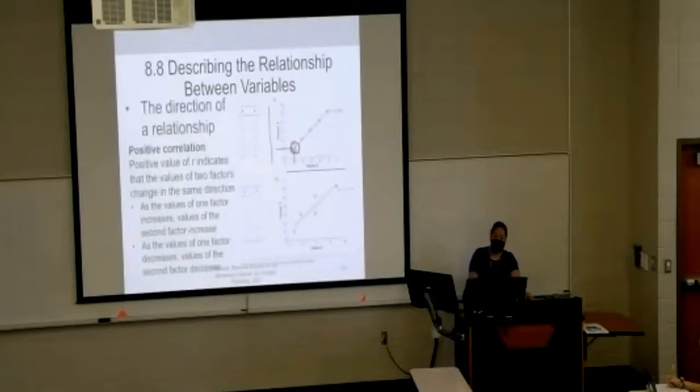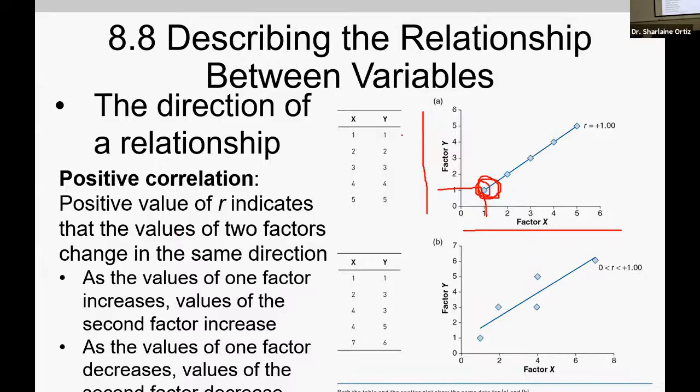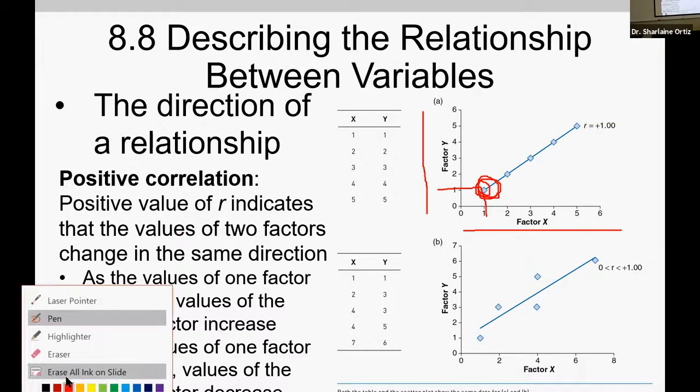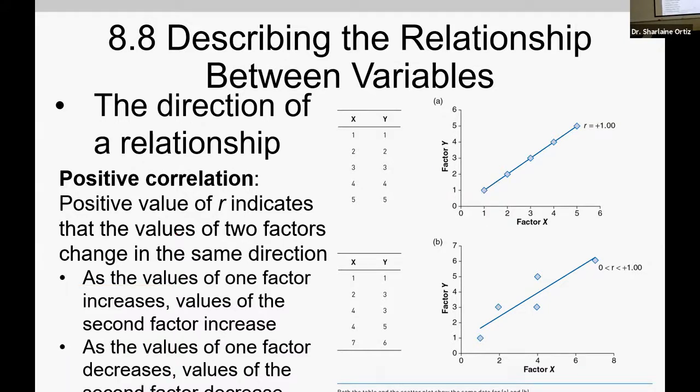So if we go to our next slide, if I clear all the data, so we go back to our slides, you'll notice that here in this illustration we have the illustration of a scatter plot, right? And as I mentioned, a scatter plot is that summary of all that data that you collected.